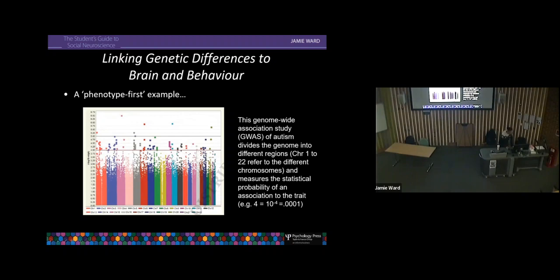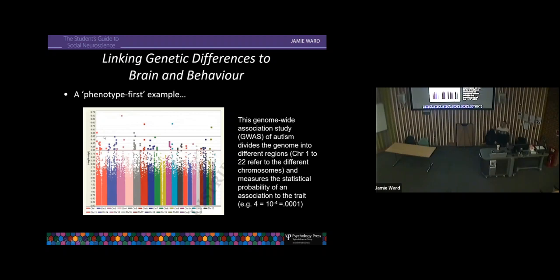What you've got on the y-axis is your statistical significance in units of 10 to the power. So 10 to the power of minus 4 is 0.0001, to the fourth decimal place. To be considered significant here, given multiple comparisons, people often take this threshold here of 5.